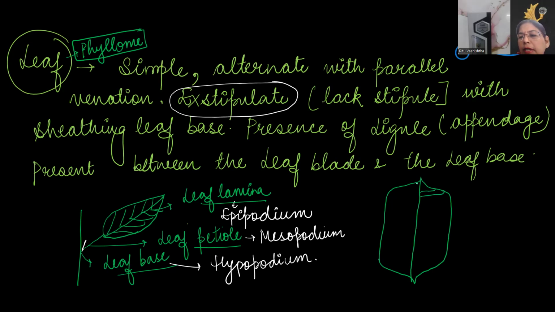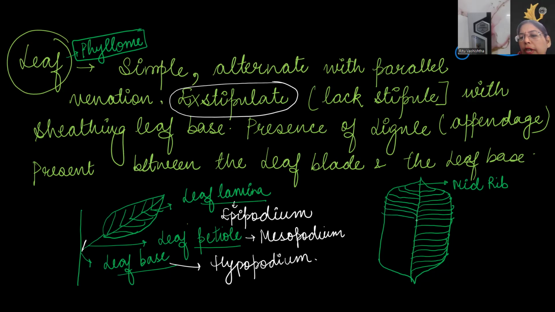This particular structure is known as the midrib. And all these veins and veinlets run parallel to each other. This particular condition is known as parallel venation, for which I have taken the most common banana leaf. So it appears to be like this.